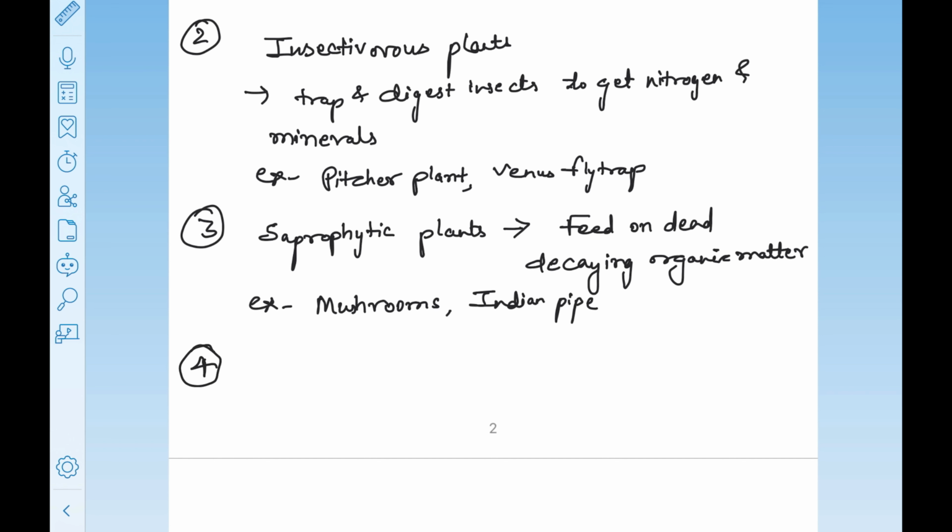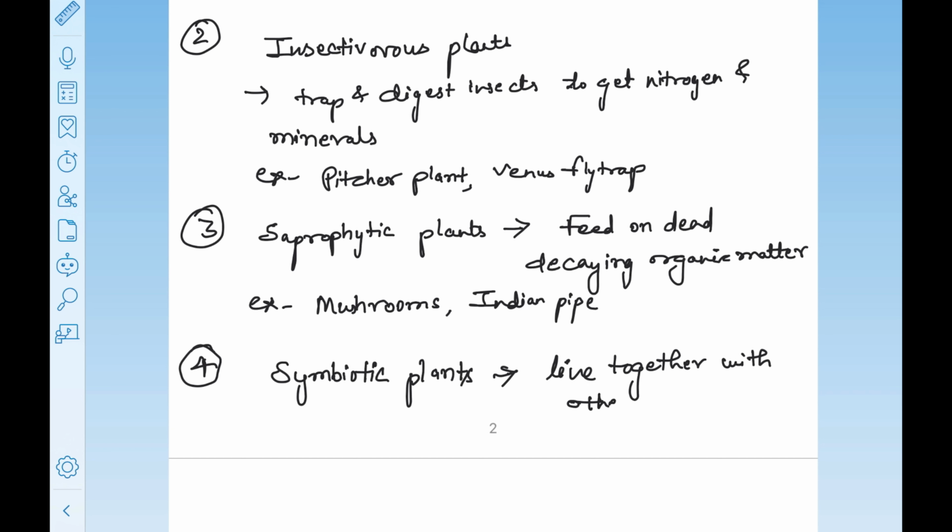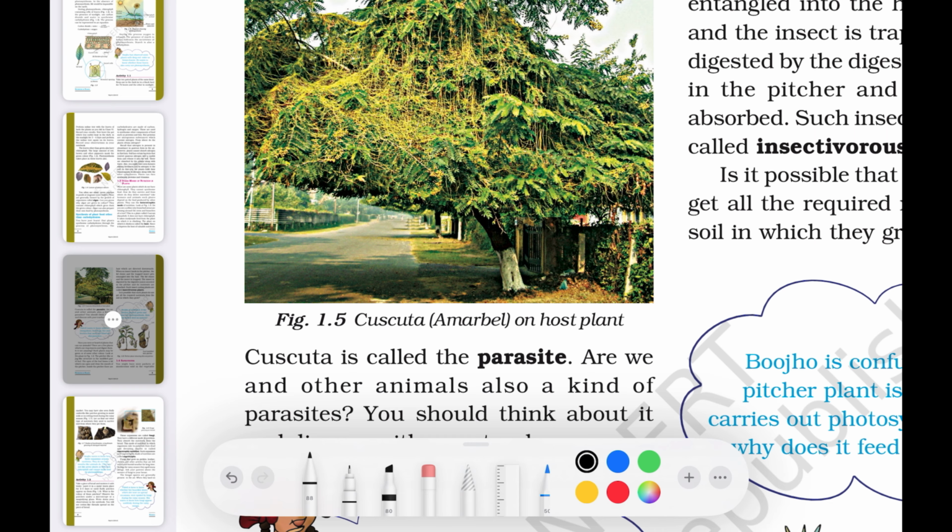Last one are symbiotic plants. And these plants live together with other organisms and share food. Okay, examples are lichens and rhizobium.